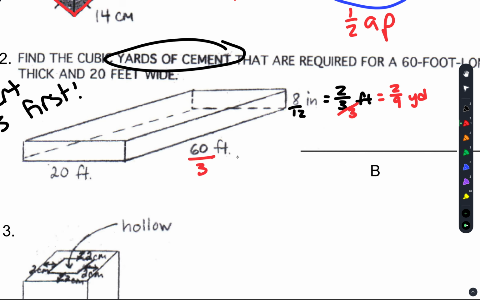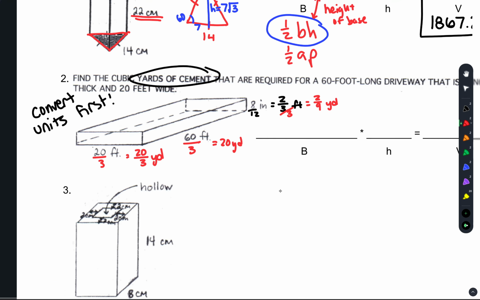I'm going to divide everything by 3. This is 20 yards. And then this one, again, a crazy fraction here. This is 20 over 3 yards. If you want to put that as a mixed number, that's fine, but I'm just going to leave it. Okay, good. We're converting first because I know that the conversion is not going to be the same at the end. I can't just divide by 3 at the end and call it good.